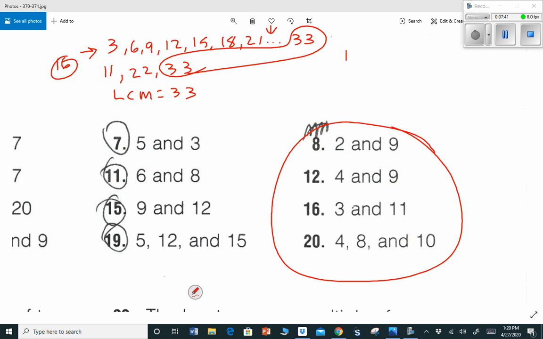And finally, number 20, we've got 4, 8, and 10. Okay, looks like we got 20 in 2 places, but we need the third one.